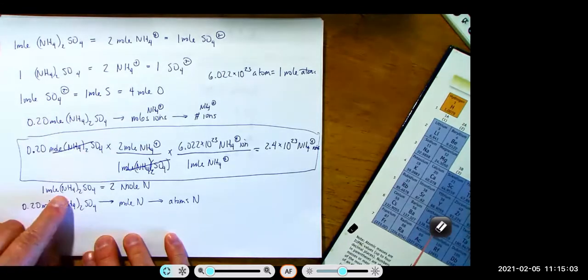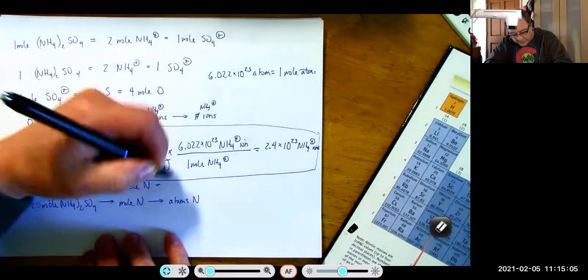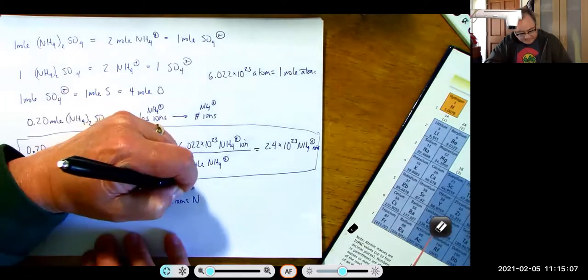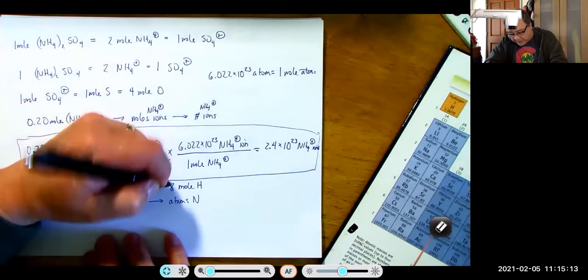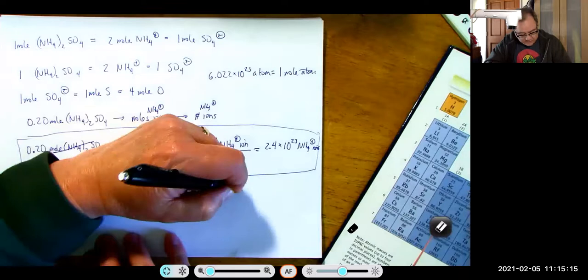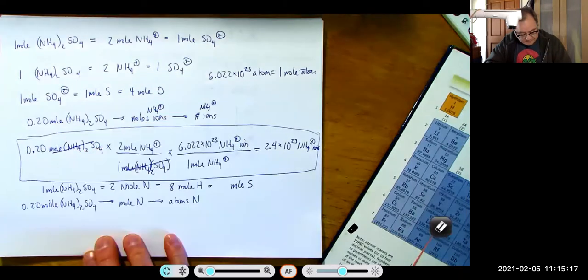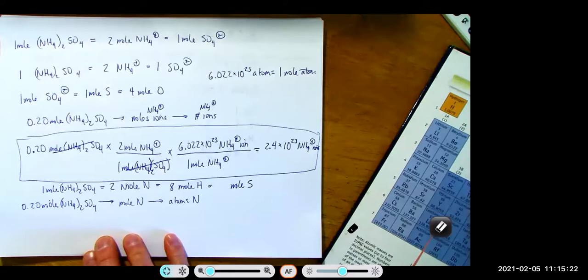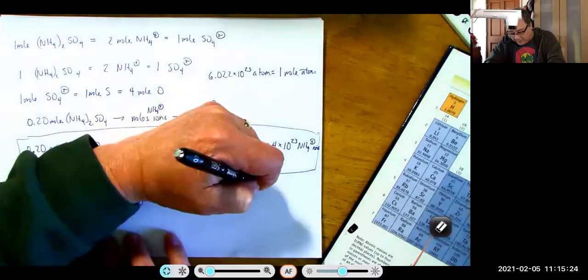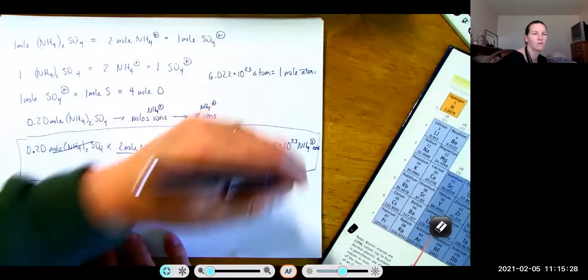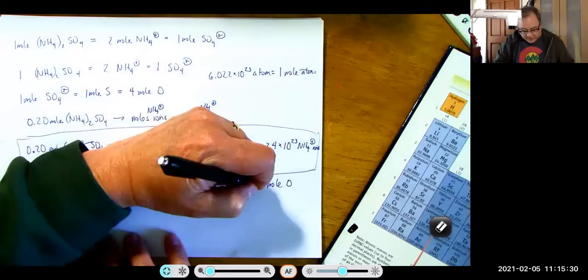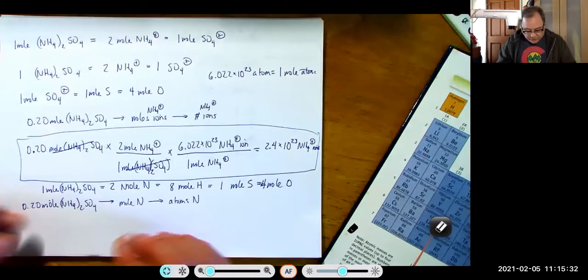And how many moles of hydrogen are there? 8. And how many moles of sulfur are there? 1. And how many moles of oxygen are there? 4. Okay, so you see, I can do this very easily.